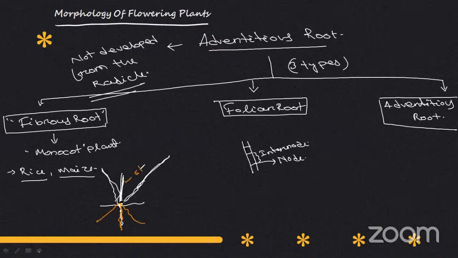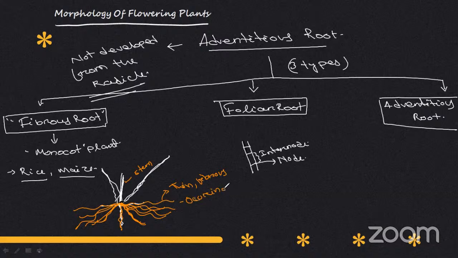This part is the stem, and these roots are fibrous, meaning very fine and thin. They occur in a cluster, in groups.